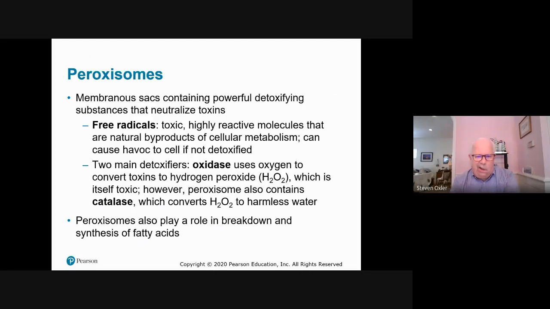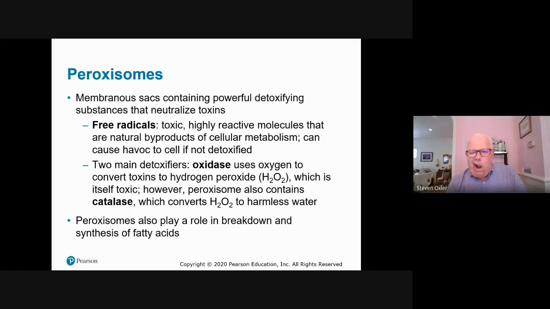In the peroxisomes, there are two enzymes that act as detoxifiers of free radicals. One of those enzymes is called oxidase. Oxidase uses oxygen to convert toxins to hydrogen peroxide, which is H2O2, which itself is toxic.